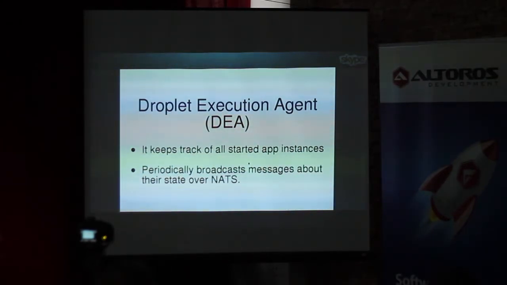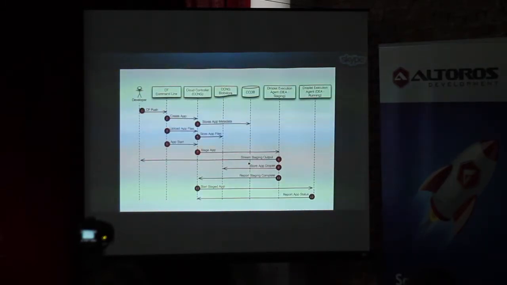It keeps track of all started instances and periodically broadcasts messages about their states over NATS. This picture shows what happens when you push an app to Cloud Foundry. You don't need a deeper understanding of that, but the point is to have an idea of how it works.